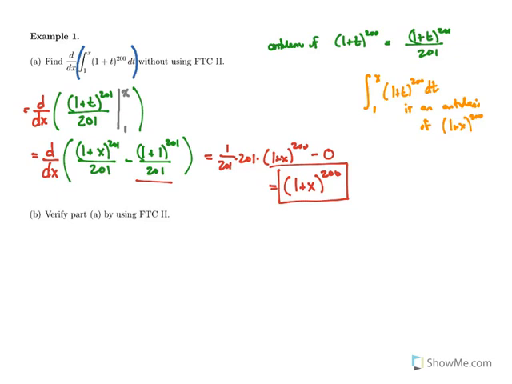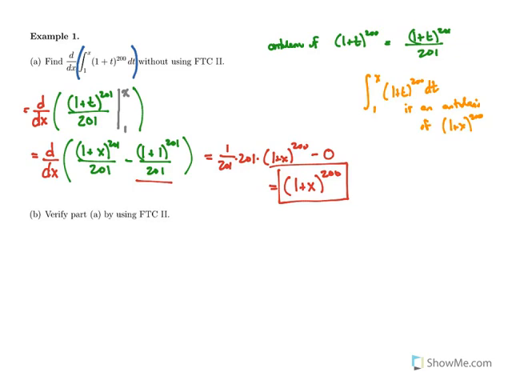So another way to think about the fundamental theorem of calculus is saying that if we take the derivative of the integral of something, they kind of cancel each other out. We have to be a little bit more careful than that, but that's basically what's going on. The derivative of the antiderivative just cancels each other out.